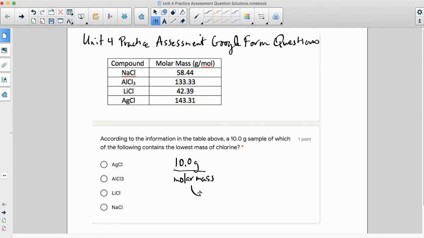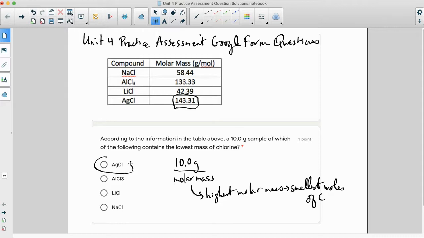And we know that the highest molar mass will give us the smallest moles of Cl. So if we take a look here, the AgCl has the highest molar mass. So that will be the answer right there.